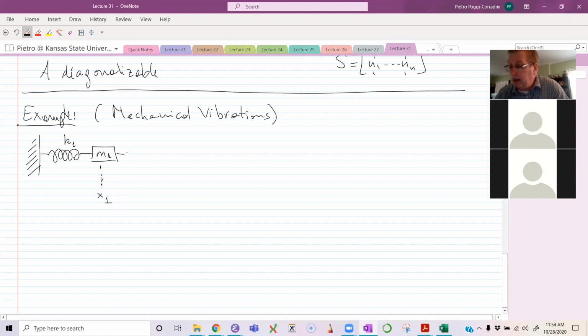And then maybe this is connected to another mass, M2, position X2, etc. Mn. So that's K2. Kn.